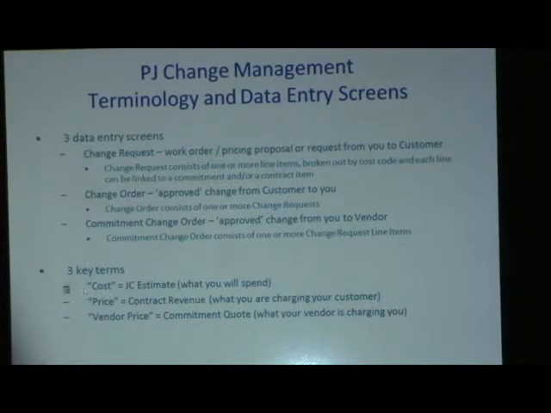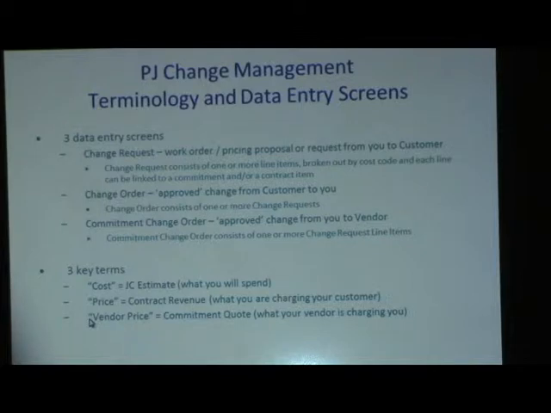And so almost everywhere in the system, the word cost refers to dollars that will show up in your job cost estimate. So it's money that you're going to spend. Price refers to dollars that will end up in the contracts module that's available for billing. So it's what you're charging your customer. And there is one exception.